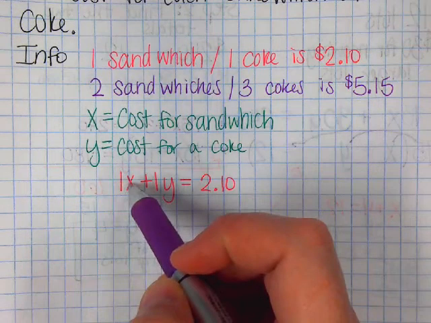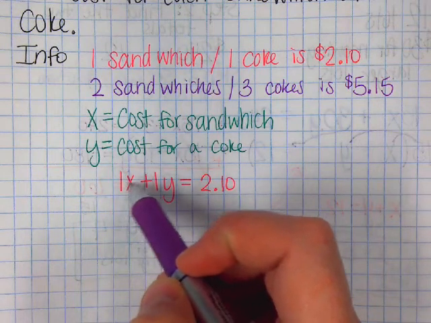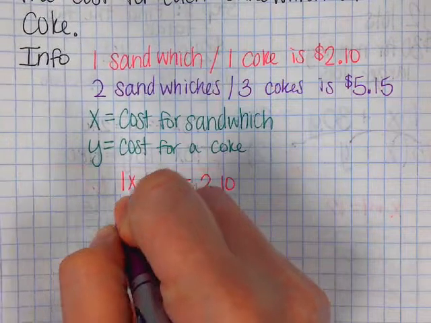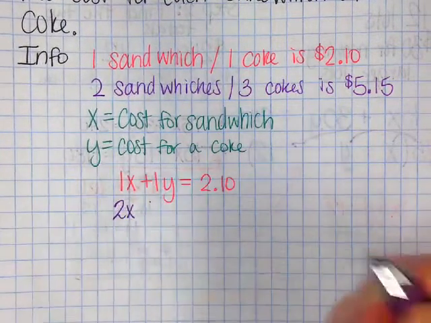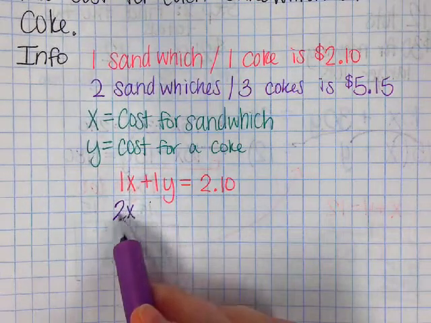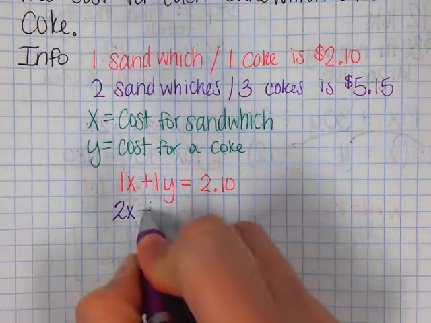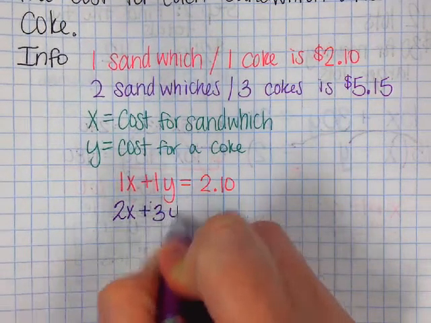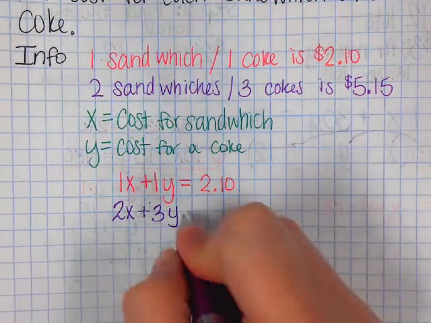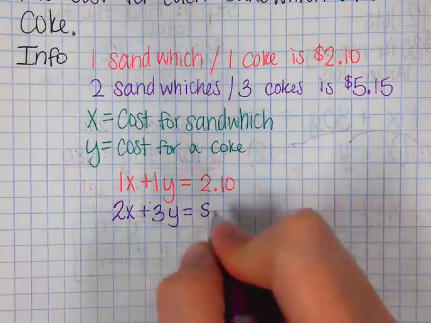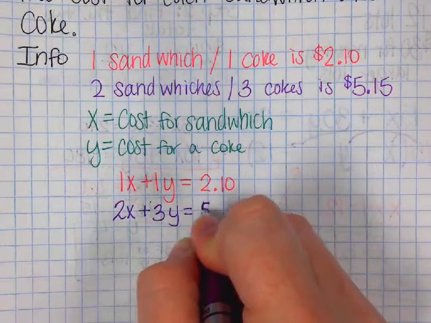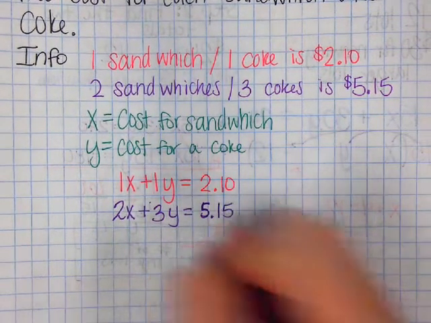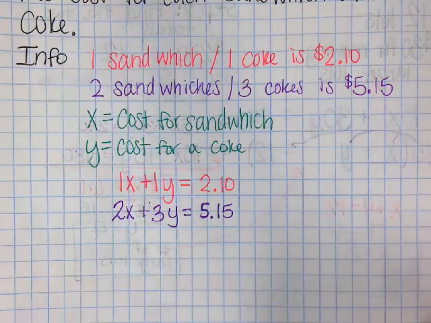Remember, X is the cost for the sandwich, so if I only have 1, I only have to pay that cost 1 time. On this equation, if I do 2x, I have to pay the cost of the sandwich twice, and then I have to pay the cost of a small Coke 3 times, so 3y is going to be 5.15.